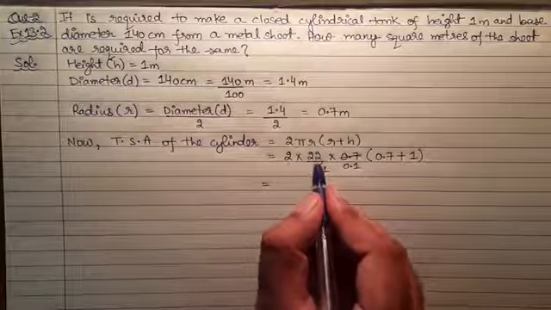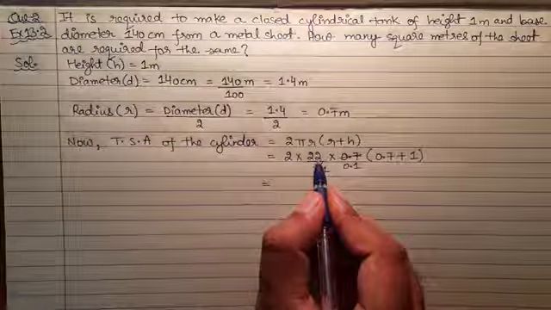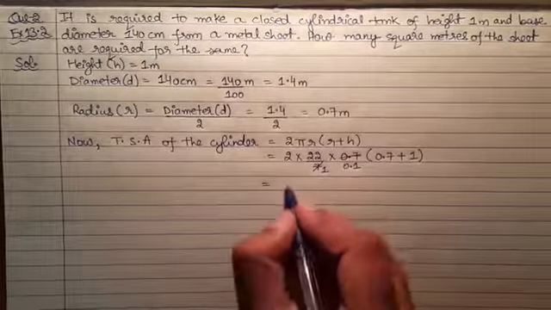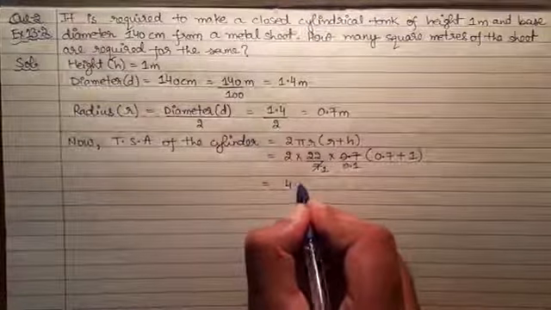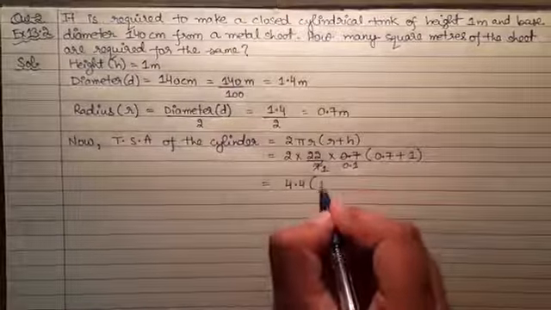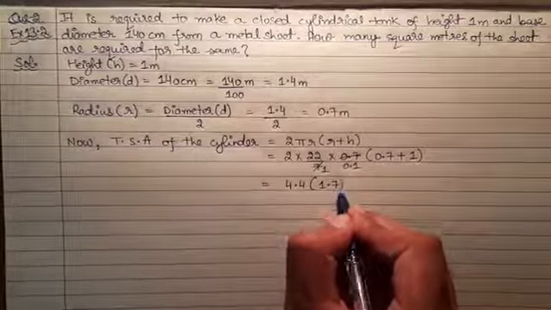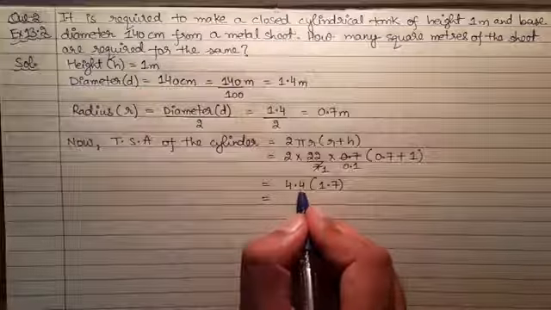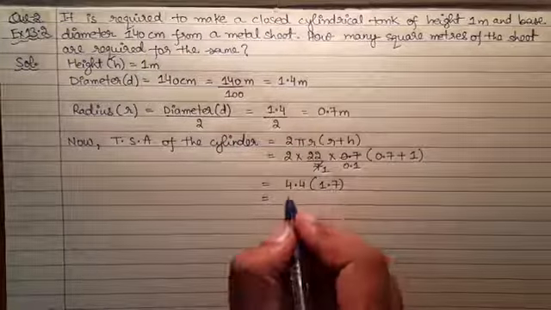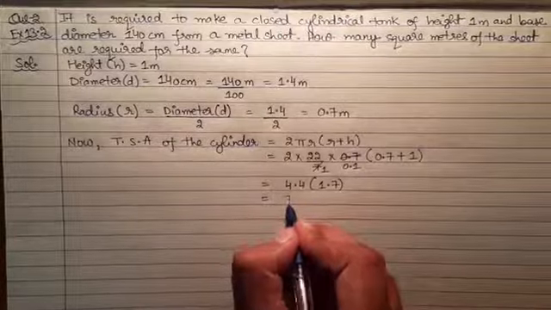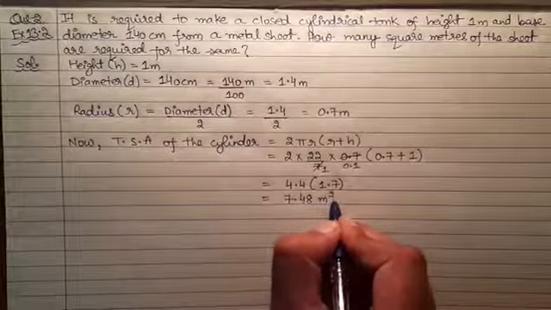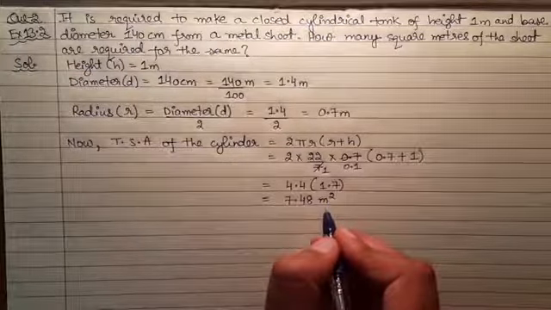Now 2 multiplied 22 is 44, and when we multiply 44 with 0.1 we get 4.4. 0.7 plus 1 is 1.7. 4.4 multiply with 1.7 results 7.48 meter square. Students, do the calculation on your own.